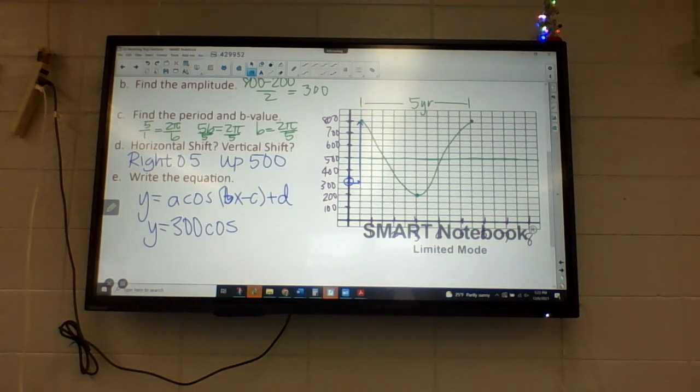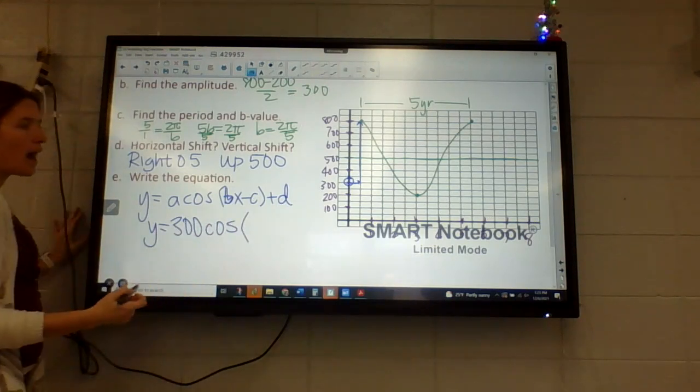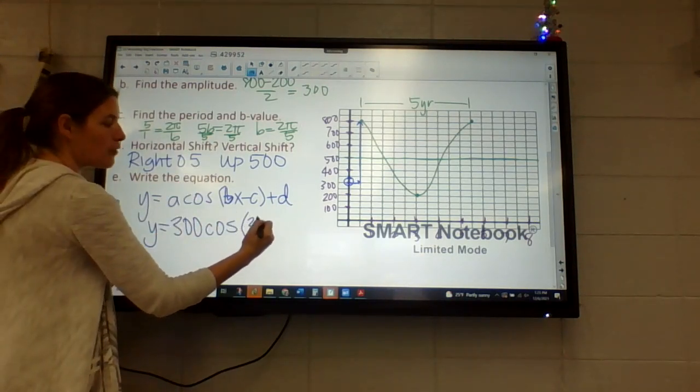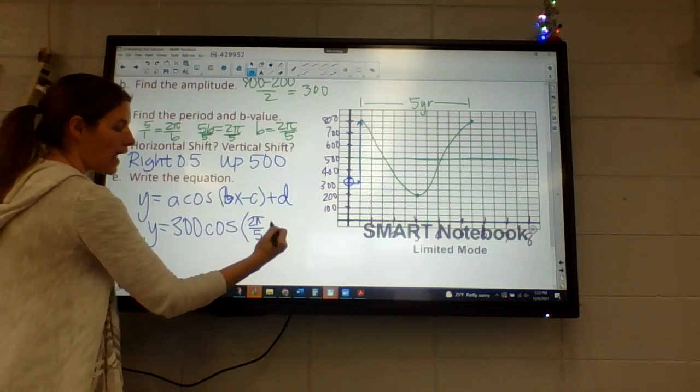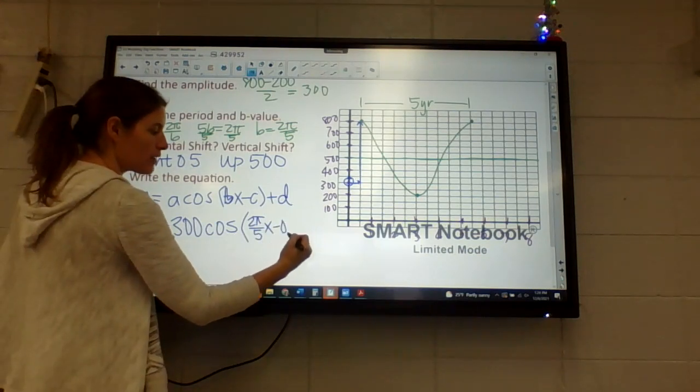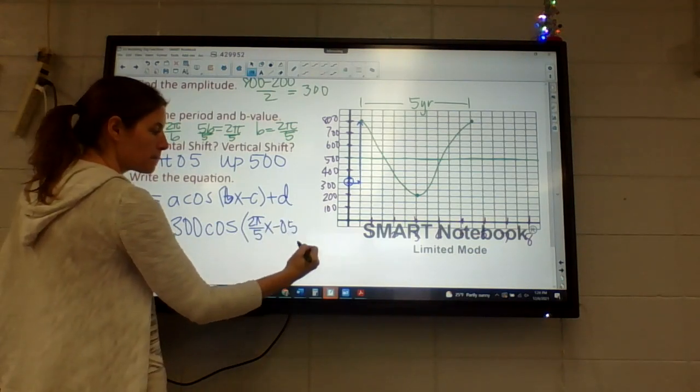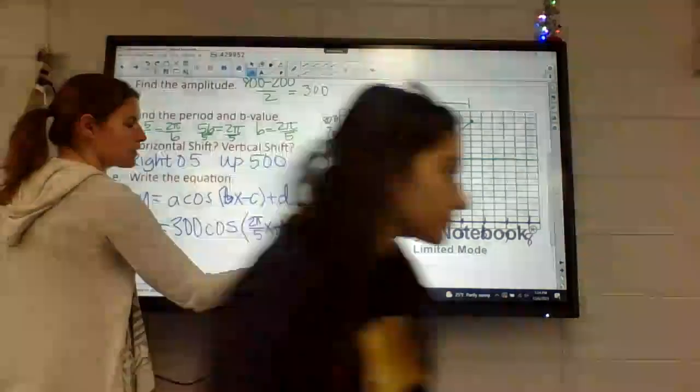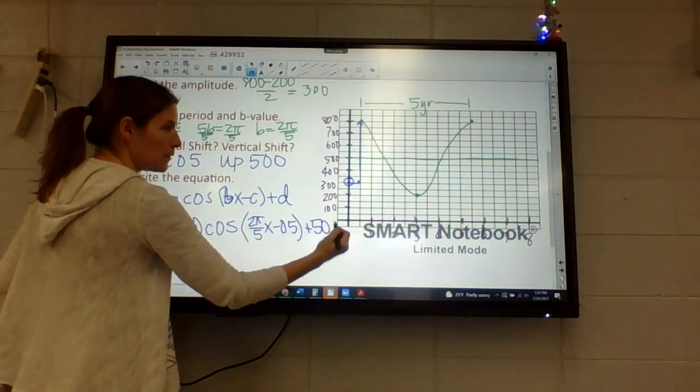Now, a sine graph would work, it's a little harder to visualize what exactly is happening for a cosine or sine. Our b value is this 2 pi over 5 x. Now the c value does the opposite of what we expect, so negative 0.5, and then up 500. Let's go.